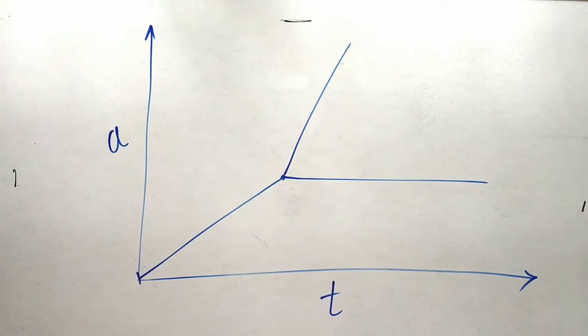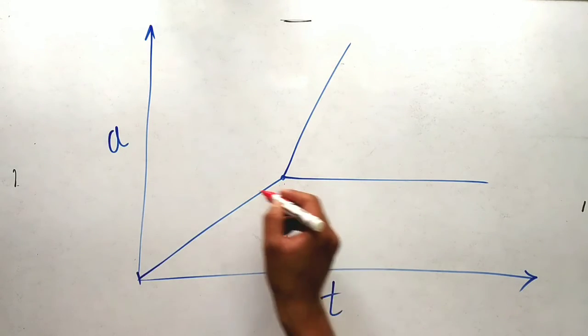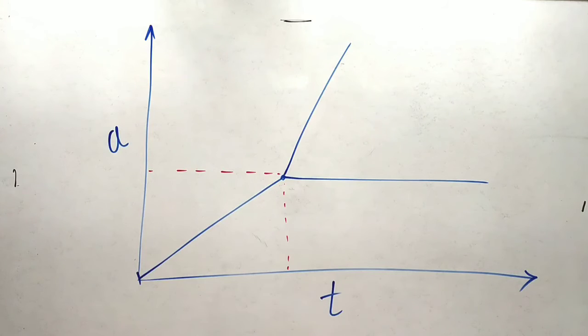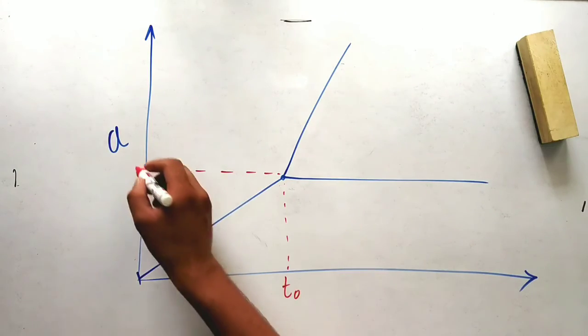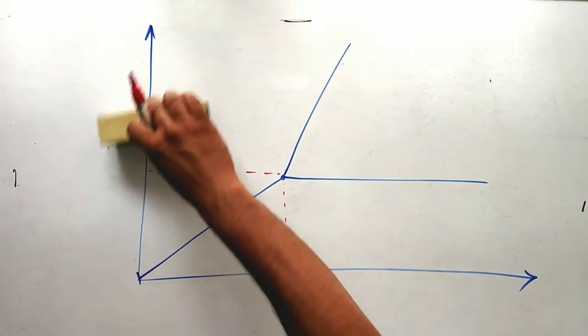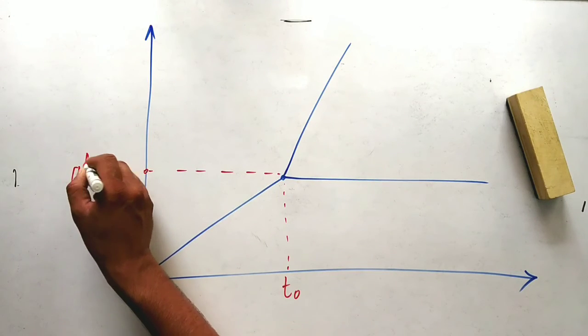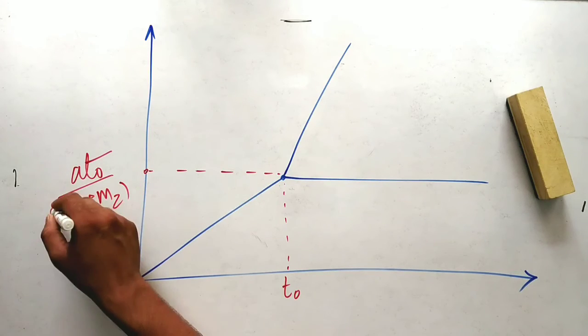What is this point going to be? This is the value of time T naught. This is where the acceleration had the value A T naught divided by (m1 plus m2).